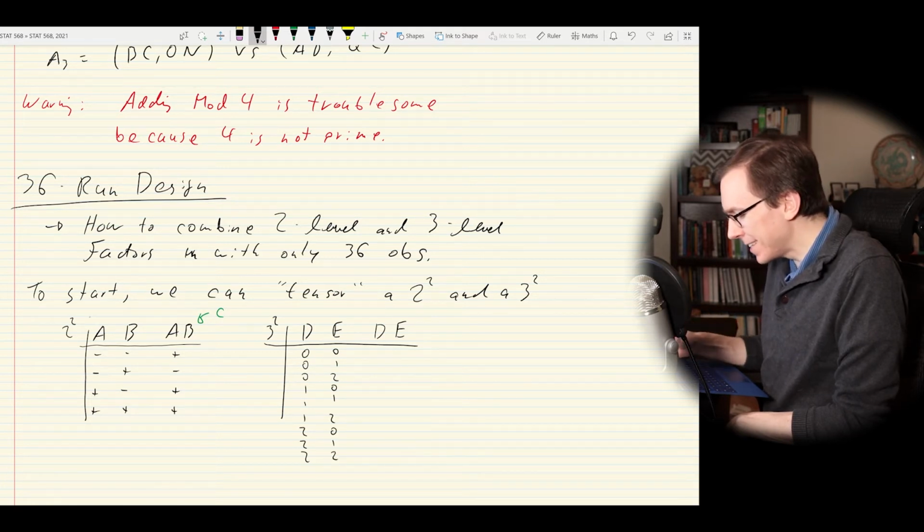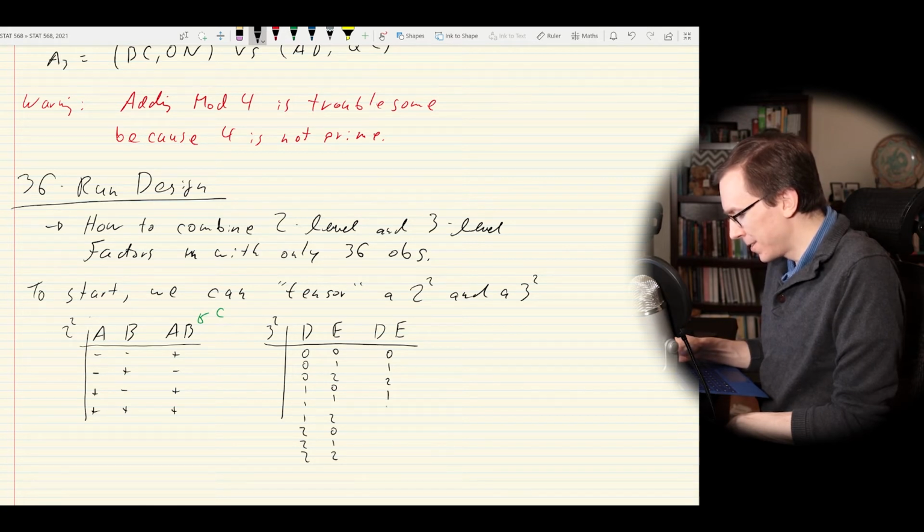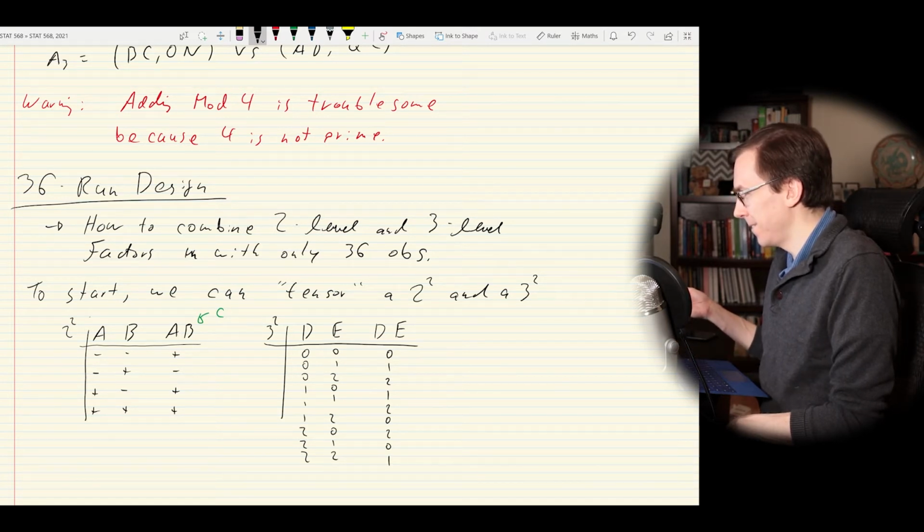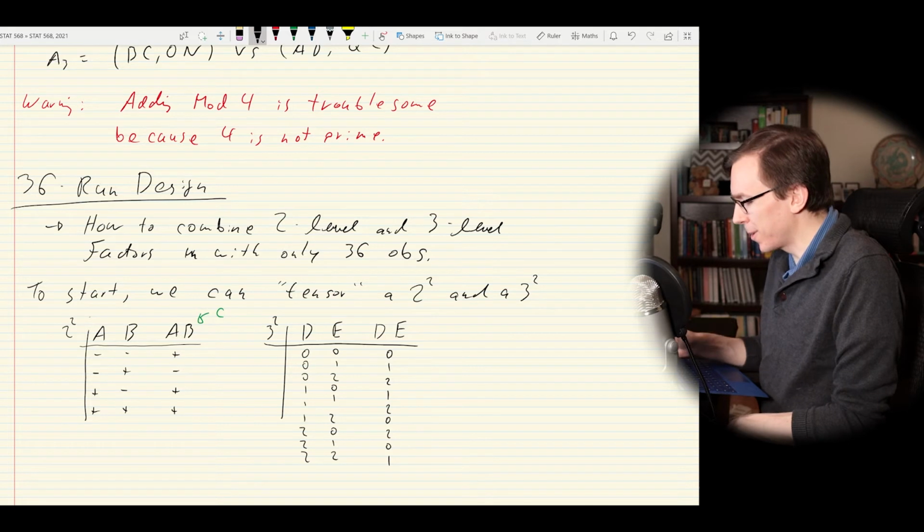And if we combine these, 0, 1, 2, 1, 2, 0, 2, 0, 1. I think. Yes. And there's one more column. I'm like, what am I missing here?